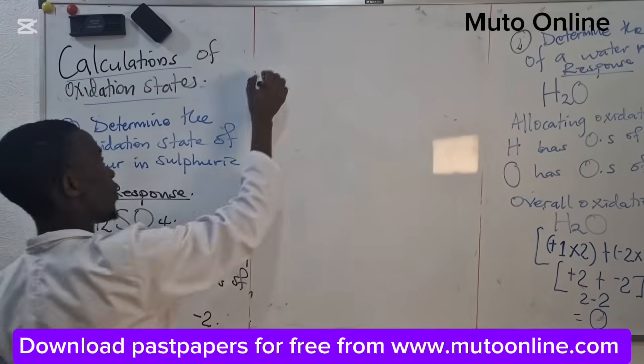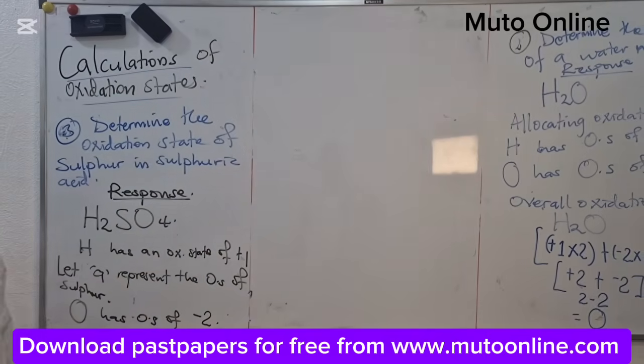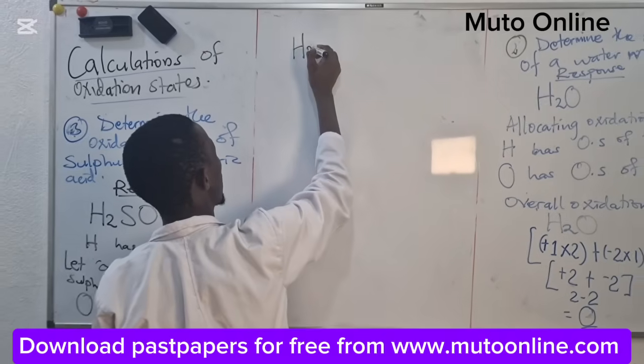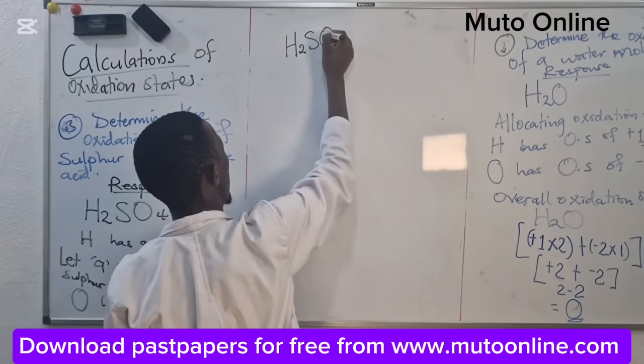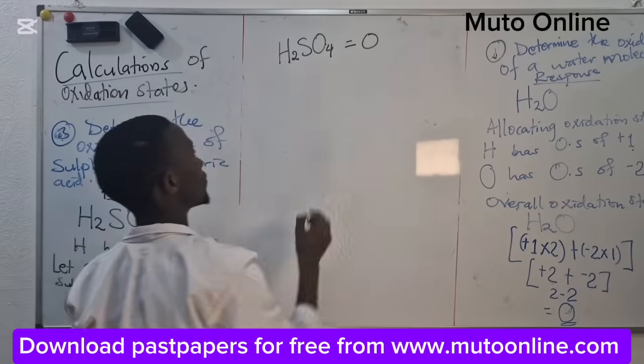We said the overall oxidation state of any compound is a what? Is a 0. So this means the sum of the oxidation states of these ones in a compound will sum to a 0.